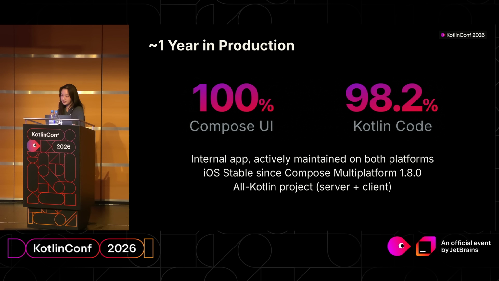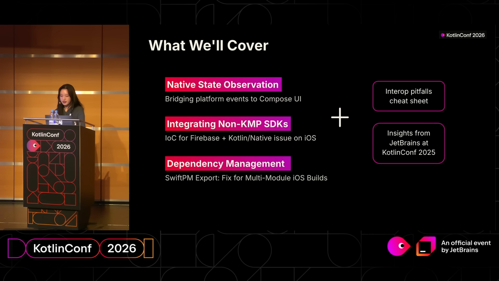Now, the app works well in production, but the interesting part isn't what worked, it's what broke. And everything broke at the same place, the boundary between Swift and Kotlin. And here's what we are covering today, 3 case studies. The first is native state observation, the pattern we use to bridge native events into shared Compose UI. The second is integrating non-KMP SDKs.